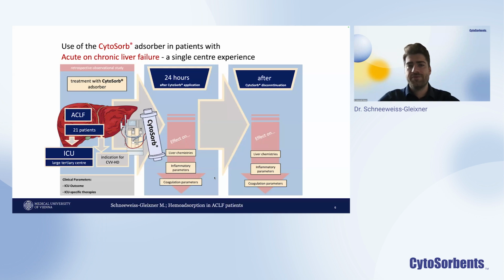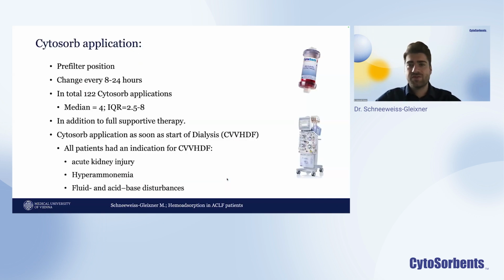And we here focus on liver chemistries, also including metabolites accumulating during liver failure, but also inflammatory parameters and coagulation parameters. The last one, the coagulation parameters, mainly as an indicator for side effects.